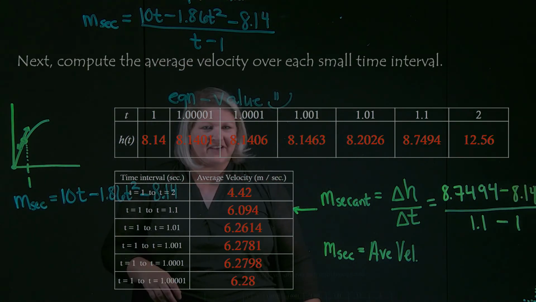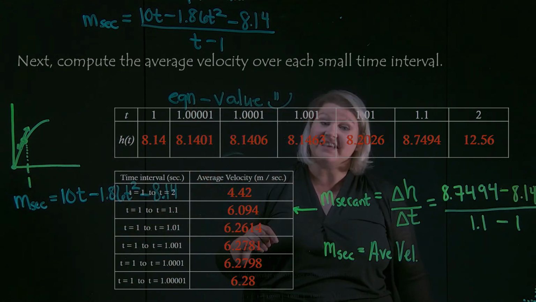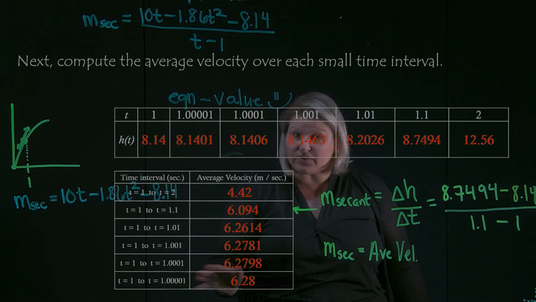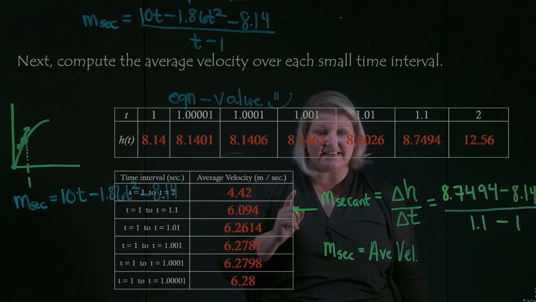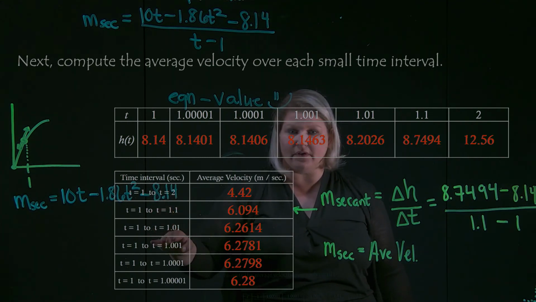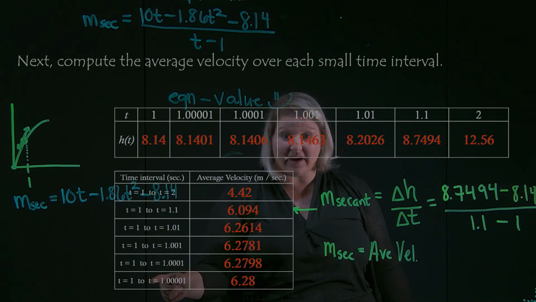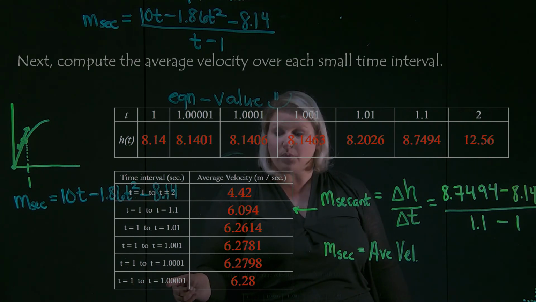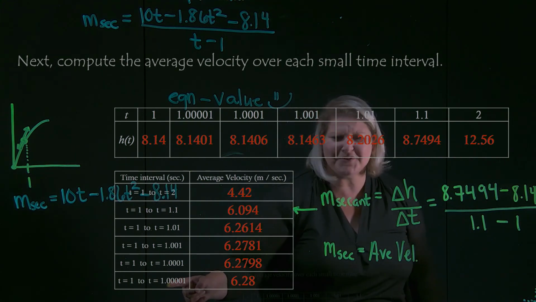Did you get these values? Good. Now, keep in mind, what point values are you getting closer to the instantaneous velocity at t equals 1? Which one's the closest interval? It's the one on the bottom right there, from t equals 1 to t equals 1.00001.